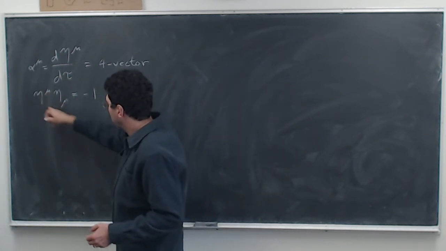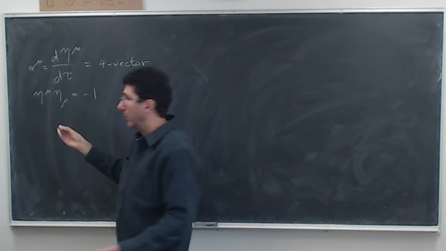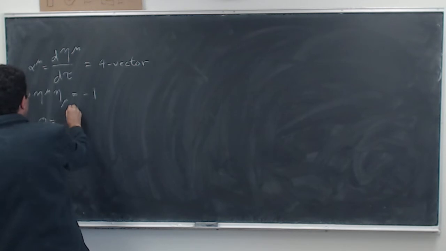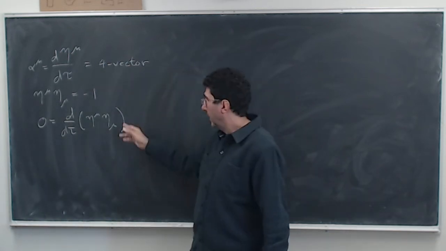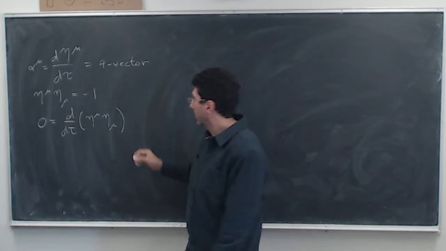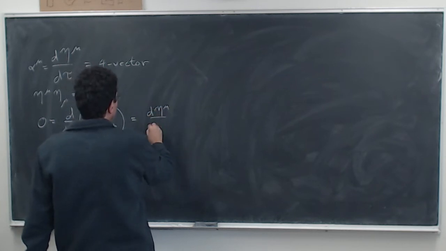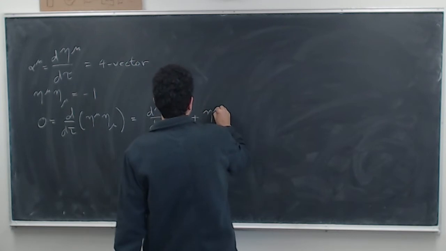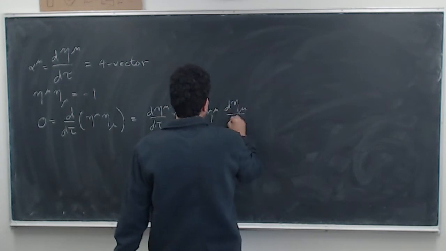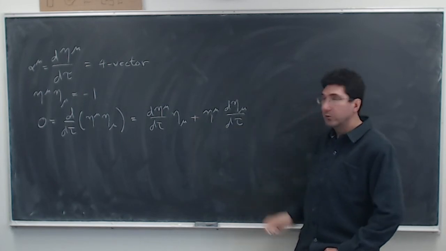So if we differentiate this with respect to proper time, because this is -1, we just get 0. So we have 0 is equal to d by d tau of eta mu eta mu. Okay? And now we just write this out using the chain rule, and we have d eta upper mu d tau eta lower mu plus eta upper mu d eta lower mu d tau. Okay, so we just get these two terms.